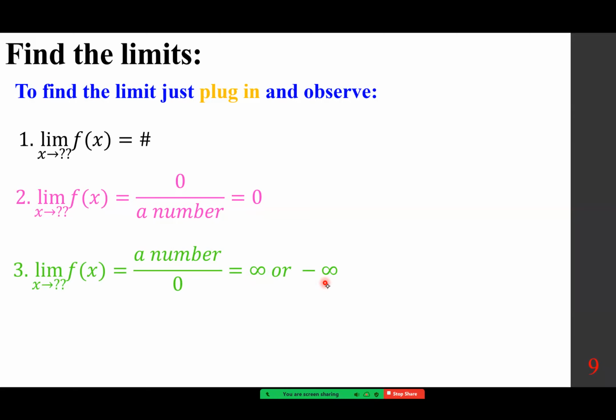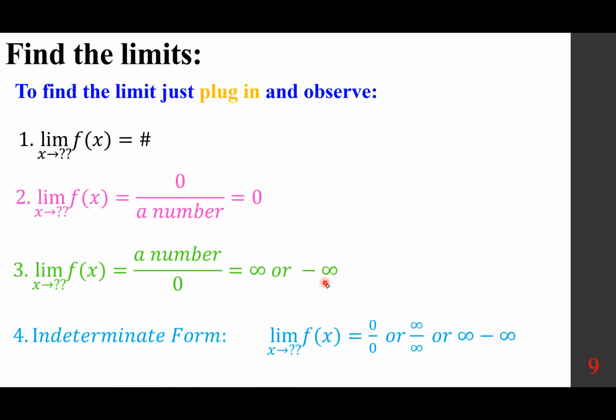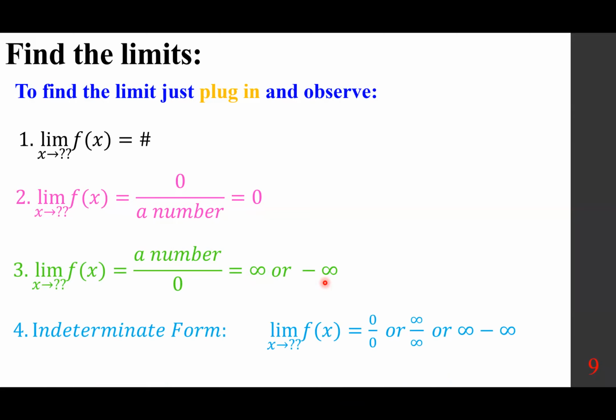Finally, we have the indeterminate forms of you plug in, you get 0 over 0, infinity over infinity, infinity minus infinity, and there are more like 1 to infinity, infinity to the power of 0. There are other forms, and how do we deal with them? There are algebraic techniques depending upon what we are dealing with, and I will show you those techniques.